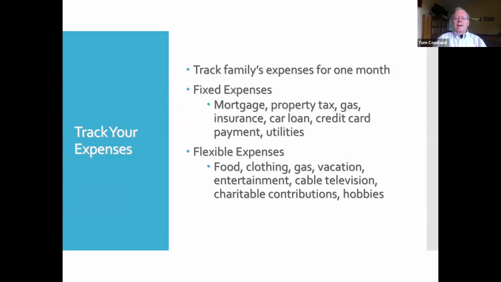Mortgage, property tax, rent, gas, insurance, car loan payments, credit card payments, utilities, and so on. Flexible expenses are things you have some control over. Food, clothing, gas, vacation, entertainment, cable TV, charitable contributions, and so on.